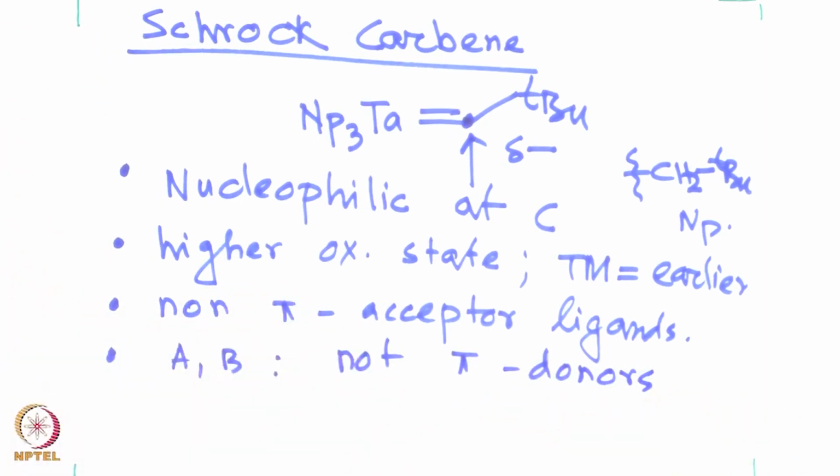So, these two carbenes we have discussed with one example are very characteristic, and their synthesis pattern is also very different. Fischer carbene and Schrock carbene are the two different types of carbene you can expect. Therefore, the reactivity of these two carbenes also varies.